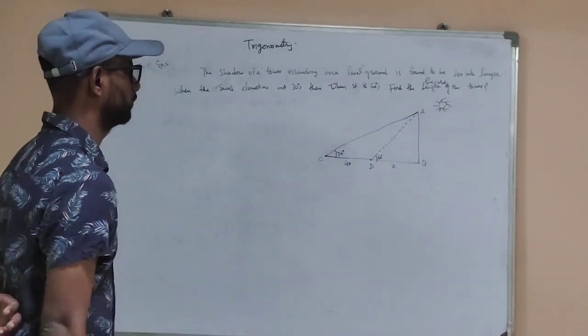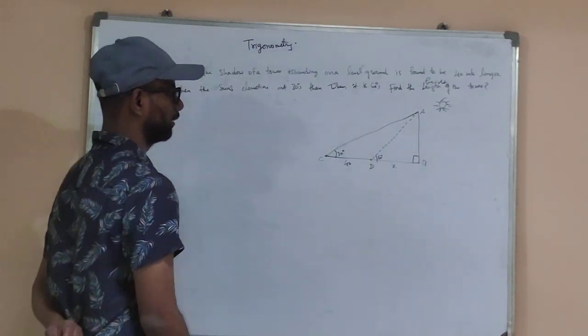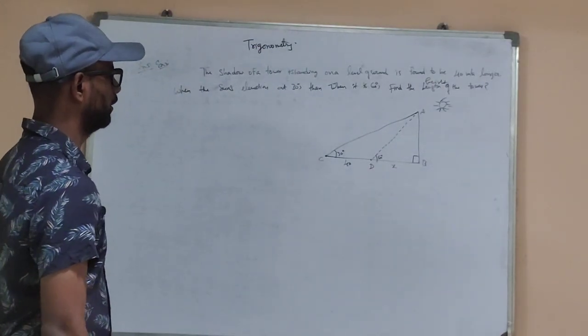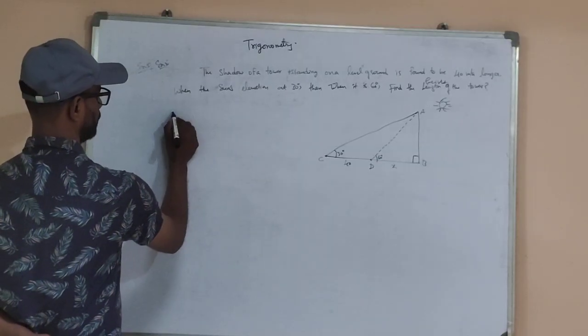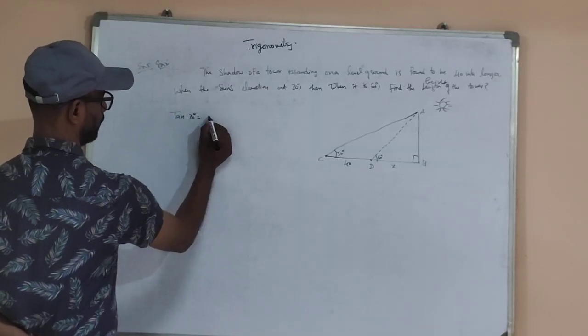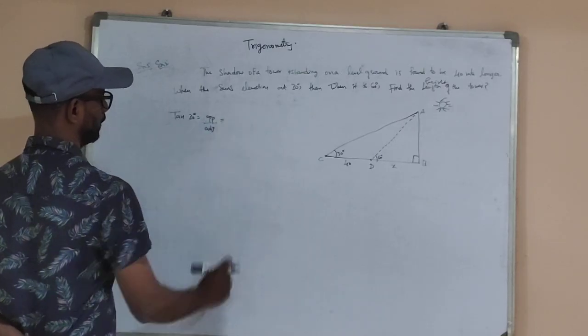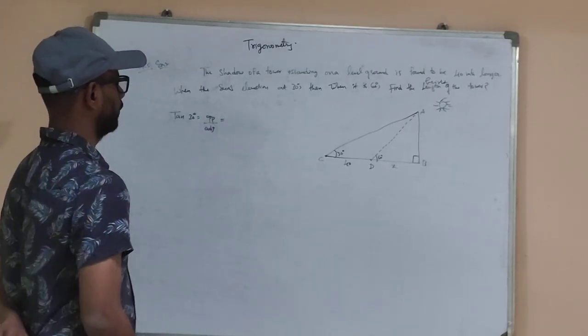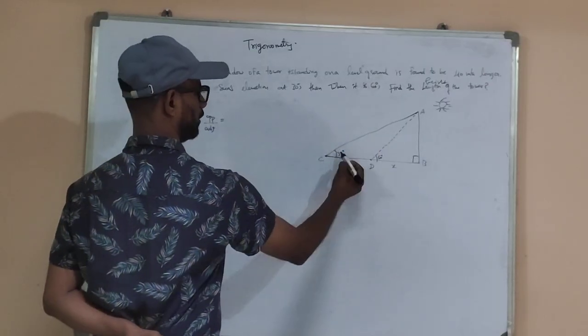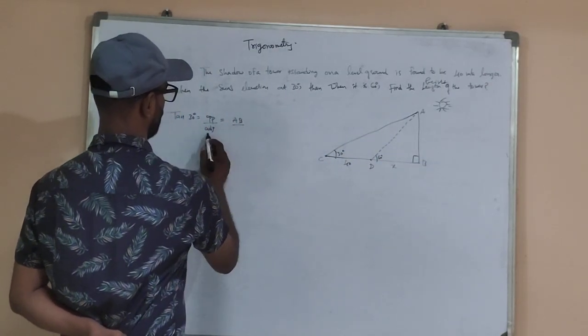Next, see here. First, take tan 30 degrees. Tan 30 degrees is equal to opposite by adjacent. What is the opposite side in this figure? This is the angle, this is the opposite side, AB, by adjacent.